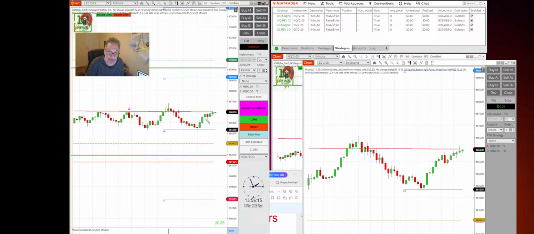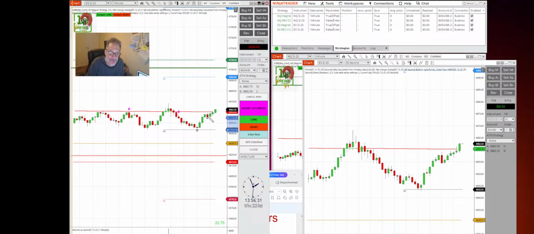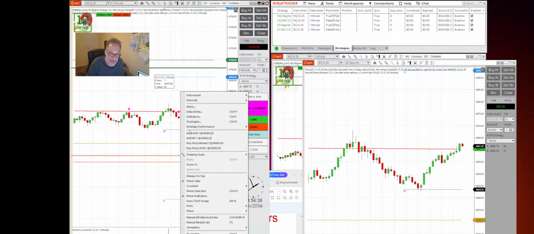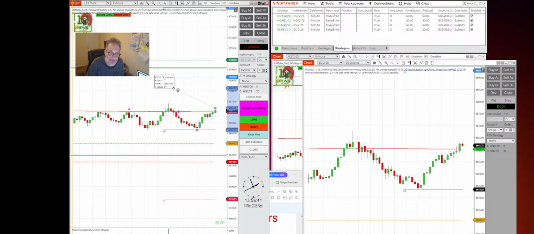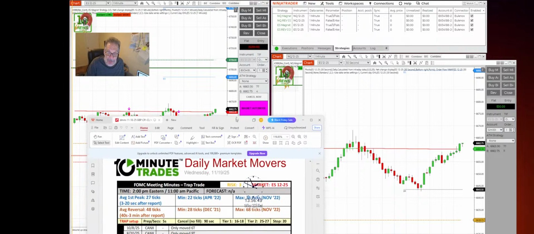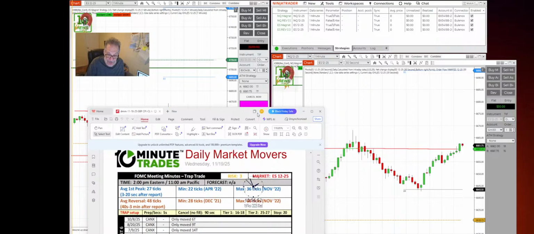Just looking at the last four candles, it's been 22 ticks of movement in the last 4 minutes. And from the PP to where we are now is 80 ticks. I think you either gotta trade it with big tiers or you don't trade it.